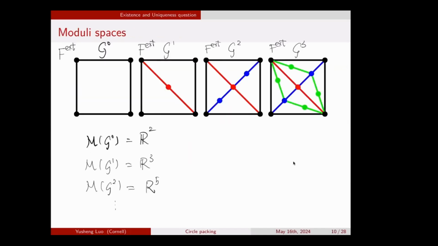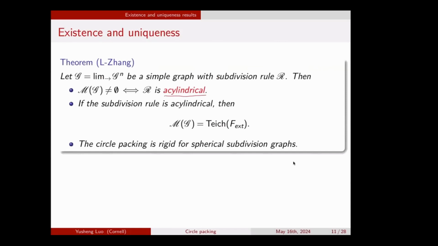So again, let's look at this particular example here. The external face is going to be a quadrilateral. So the moduli space is isomorphic to R in this example. And the third part says essentially about the spherical subdivision graphs.